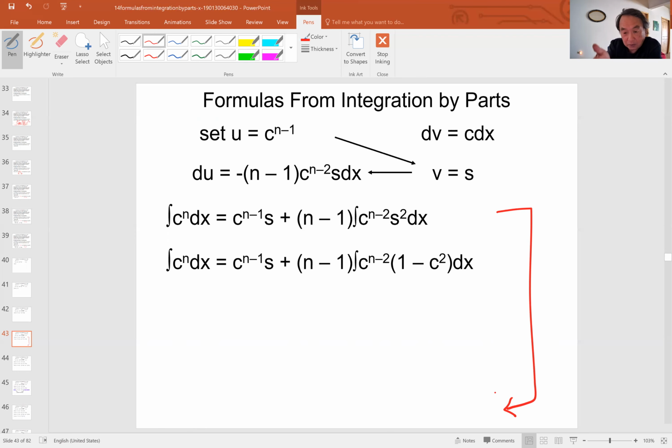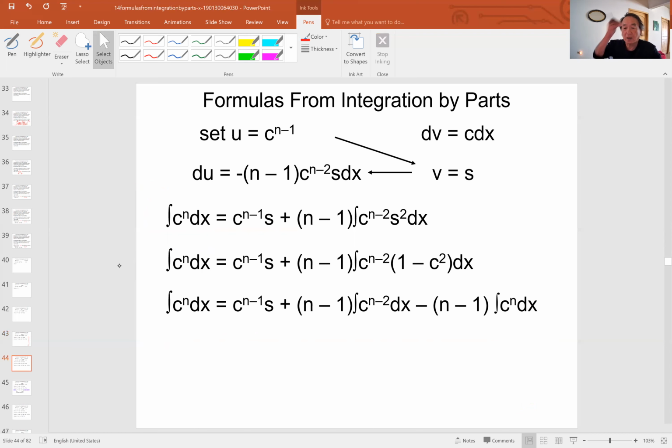Basically the algebra is going to clean up, and you wind up with another copy of this integral, so you wind up with 2 copies. Well, actually, n copies, not 2 copies. In the last case it was 2 copies; in this case, you get n copies.